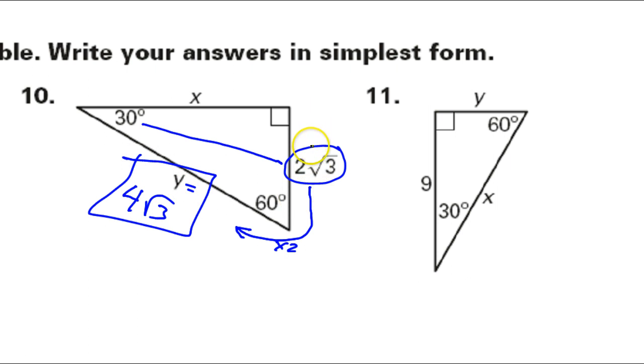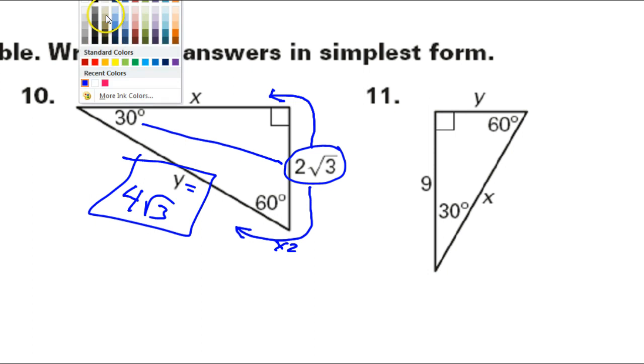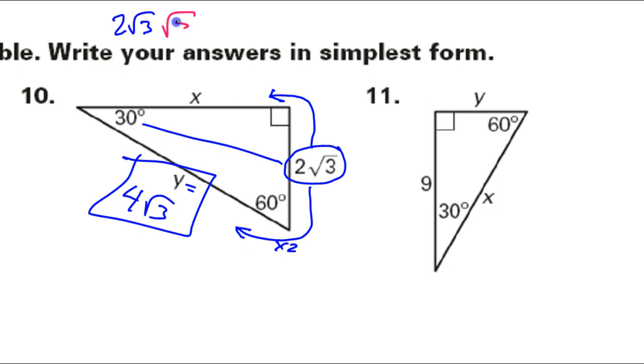Okay, now again, this is like the very interesting problem we did back on problem number 8. The long leg is the short leg times radical 3. So this long leg is going to be the short leg, 2 radical 3, times another radical 3. Now, how do we handle this? Do you remember?